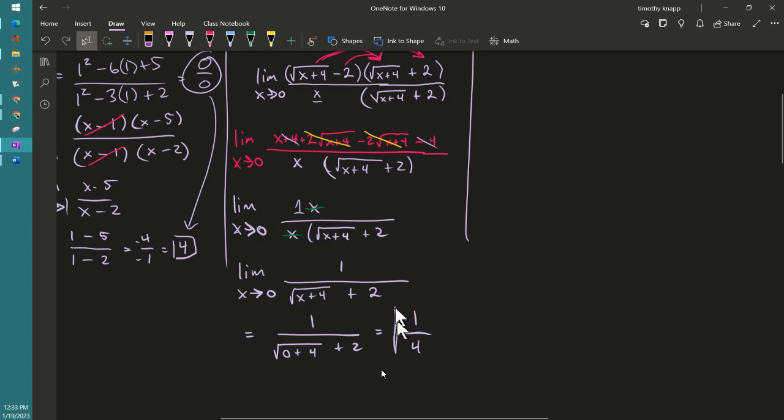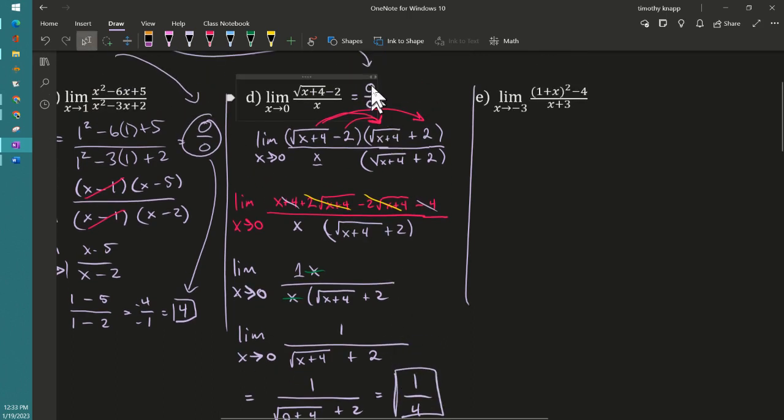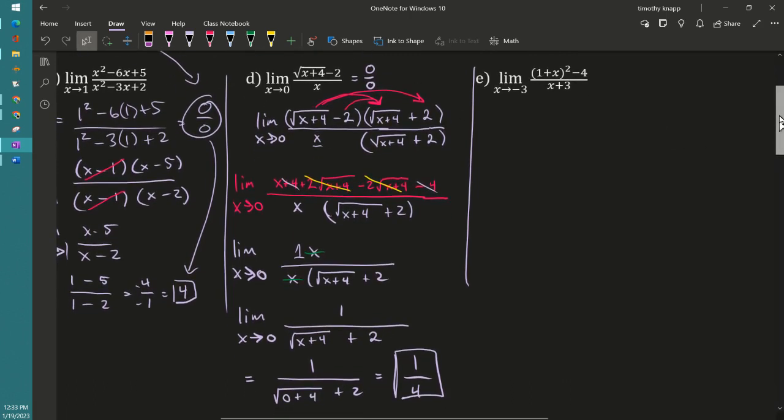So I was able to discover that my previously thought problematic indeterminate form limit of 0 over 0, through some algebraic mischief, some shenanigans, canceling a bunch of stuff out and manipulating the expression, such that I was able to discover that the limit is actually 1/4.